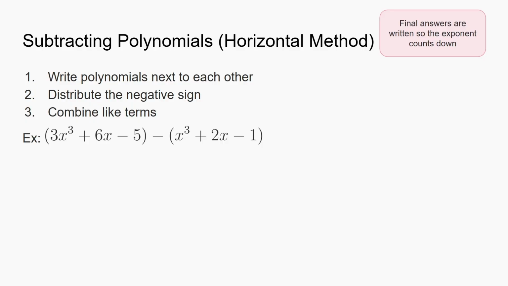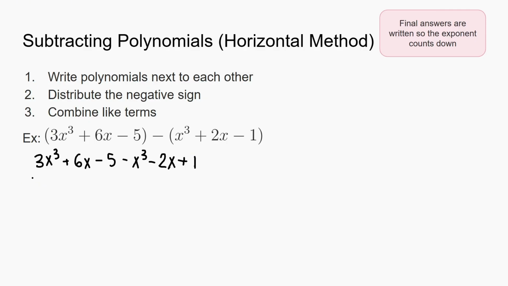negative sign. So we get 3x cubed plus 6x minus 5. And then now we distribute the negative sign, so it's negative x cubed minus 2x plus 1. Because double negatives make it positive. Now, same as addition, we're going to combine the like terms.